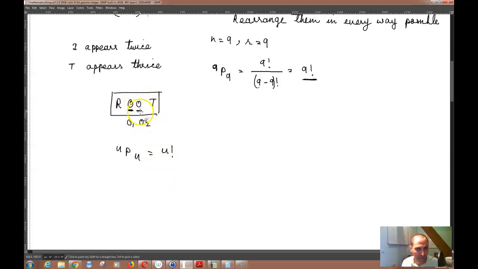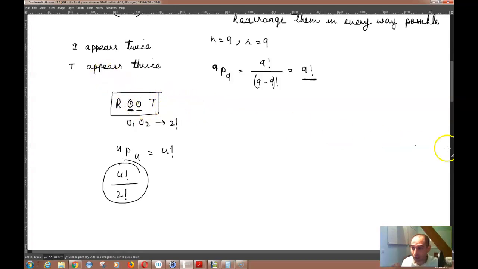And since the permutation of these two letters was 2 factorial, I took this 4 factorial and divided that by 2 factorial, and this was the actual number of permutations of these 4 letters, considering the fact that O appears twice.